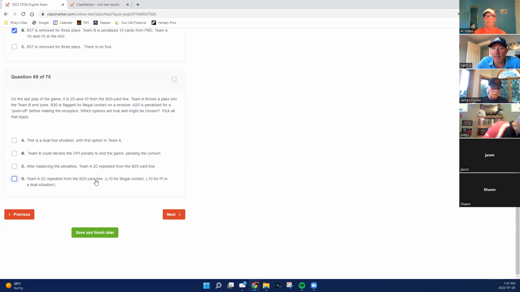But the benefit to Team A is that they get to redo the down, which is why they would opt for that. If you look at it like this, A has 10 yards coming to them, B has 15 coming to them. So when we balance off, we're going back 5, which takes us to the 25. So C would be correct also.